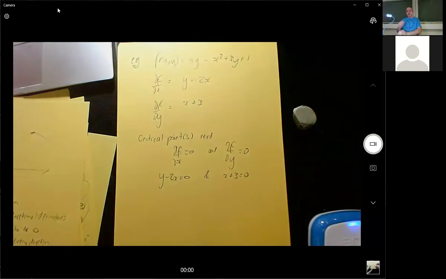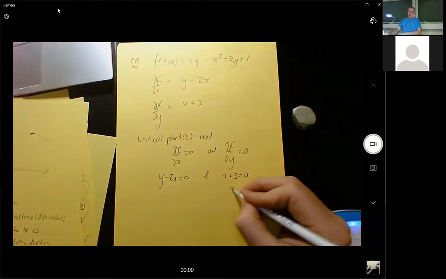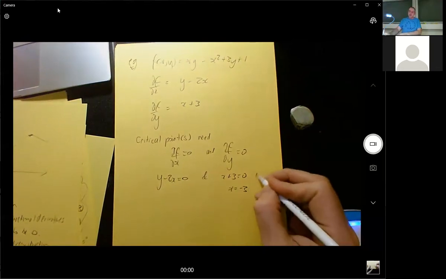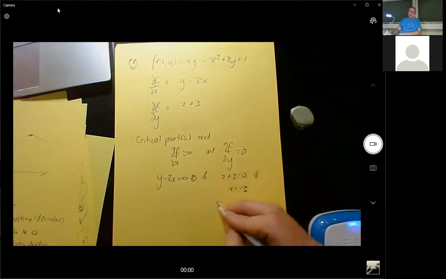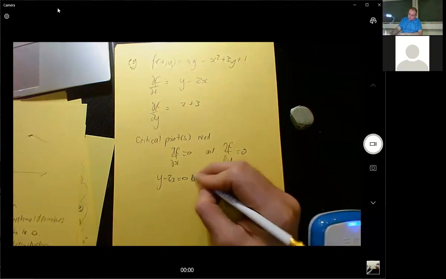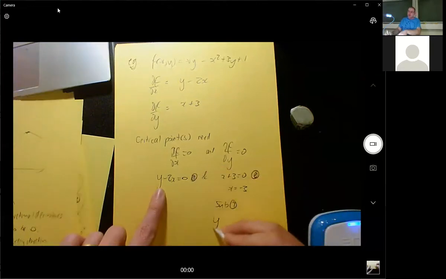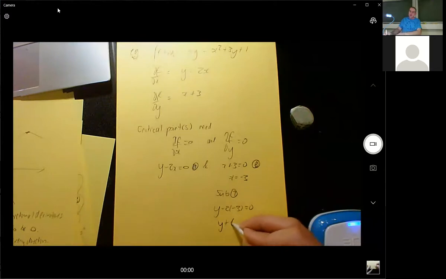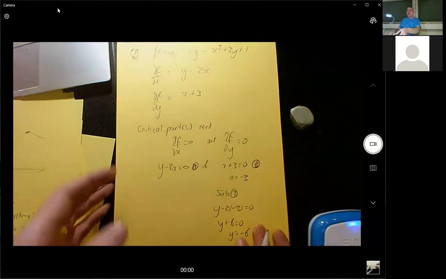And I need both of those to be true at the same time. If you're very lucky, like we are today, one of them will only involve one variable, and you'll be able to figure out what numbers go with that. This would be x equals minus 3. And then I'm going to sub that into number 1. Sub that into number 1, and I'll get y minus 2 times minus 3 is 0. And so y plus 6 is 0. So y is minus 6. So I get one critical point.